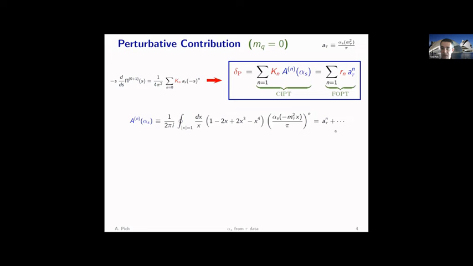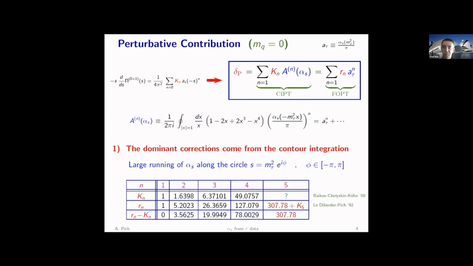If you compute these integrals numerically exactly to the order in the beta function that we know nowadays, then you get an expansion in terms of integrals that is called contour improved perturbation theory. If you decide to expand this in powers of the coupling at the tau mass scale, then you get what is called the fixed order perturbation theory expansion. Okay, so those are 2 different expansions.